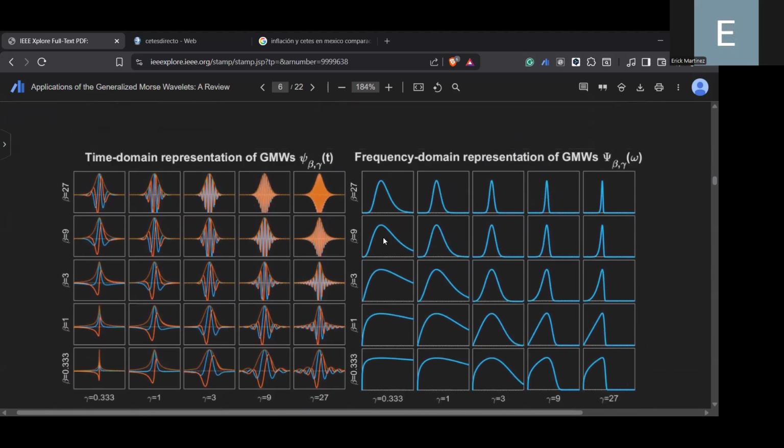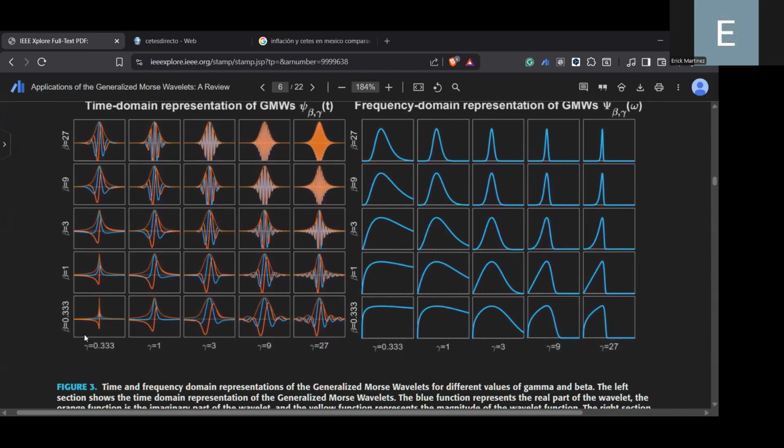The reason for showing this graph is that you can see how, if we fix, for example, gamma and we increase the value of beta, we are basically changing the number of oscillations of the wavelet function. Depending on the setting of gamma and beta, we have different behaviors in the time domain representation of the function.